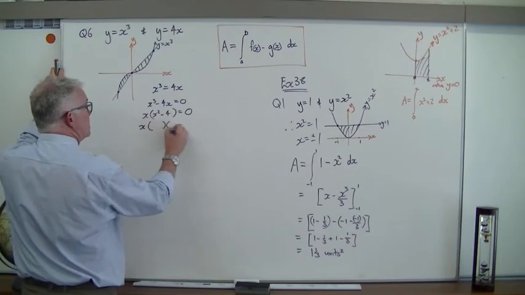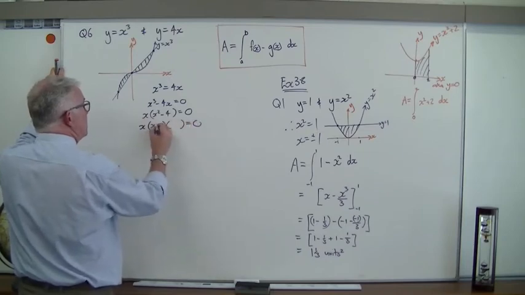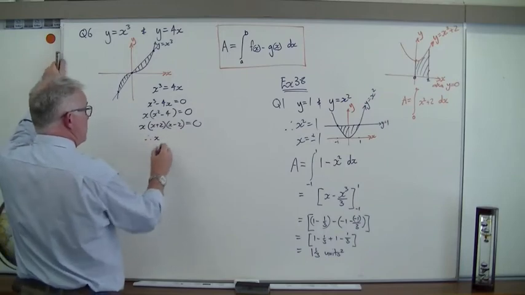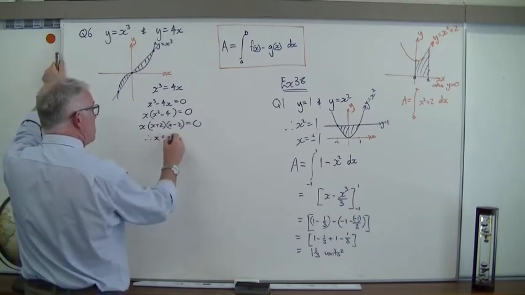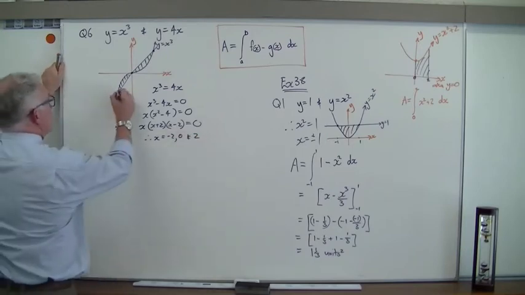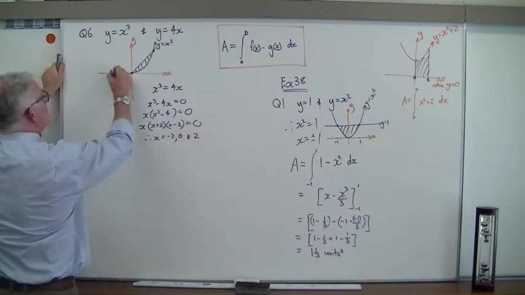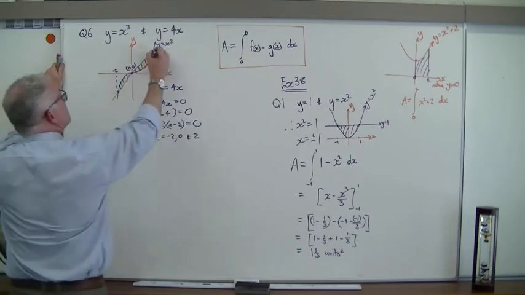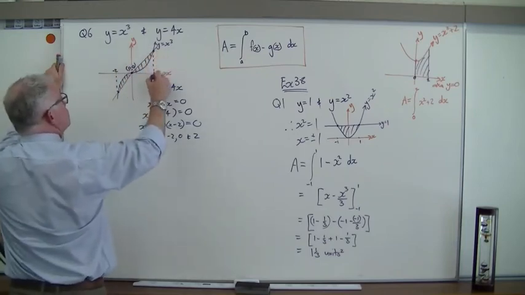So we can have x, and it'll be x plus 2, x minus 2, and therefore the values of x that we could have would be x equals minus 2, 0, and 2. So this value here is minus 2, this is 0, as we thought it would be, and this value here is 2.